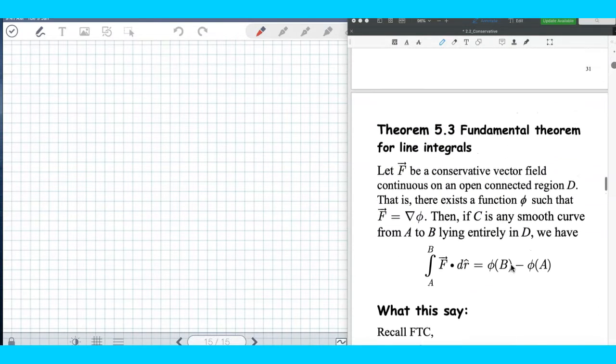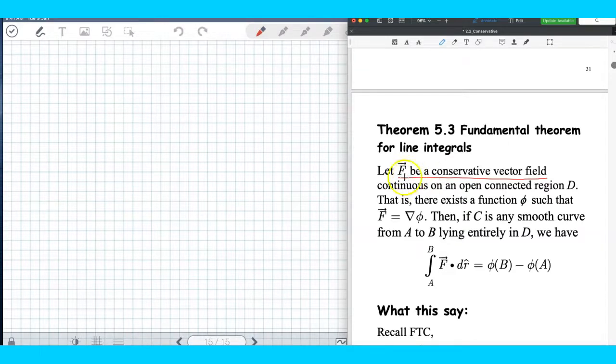So there is a condition to apply this theorem. The vector field given here must be a conservative vector field. First you have to show that F is conservative using the curl F. If your curl F is 0, then we can say that the given vector field is conservative.